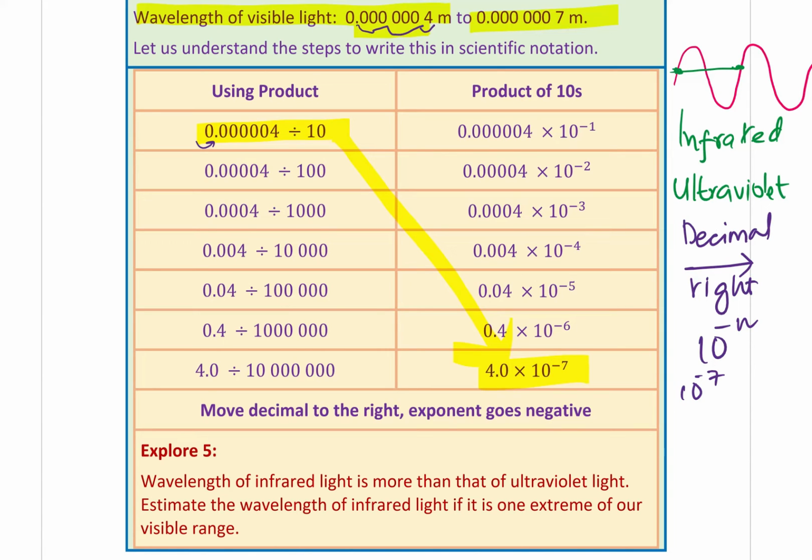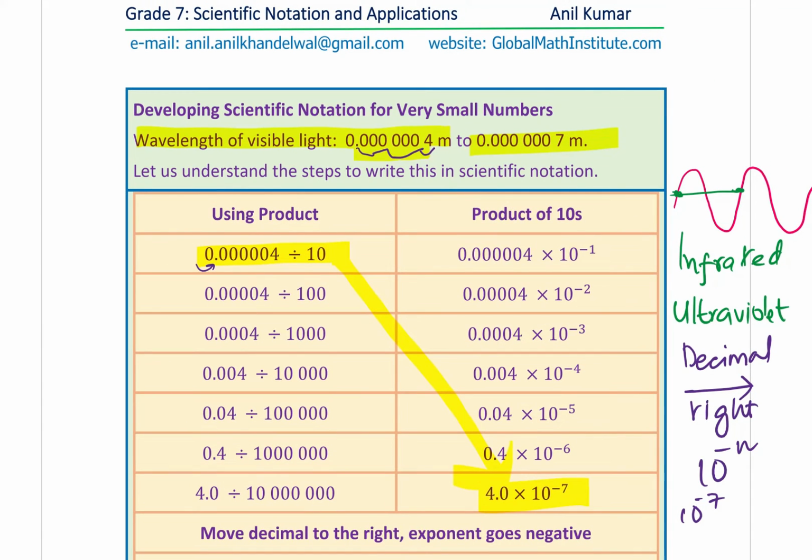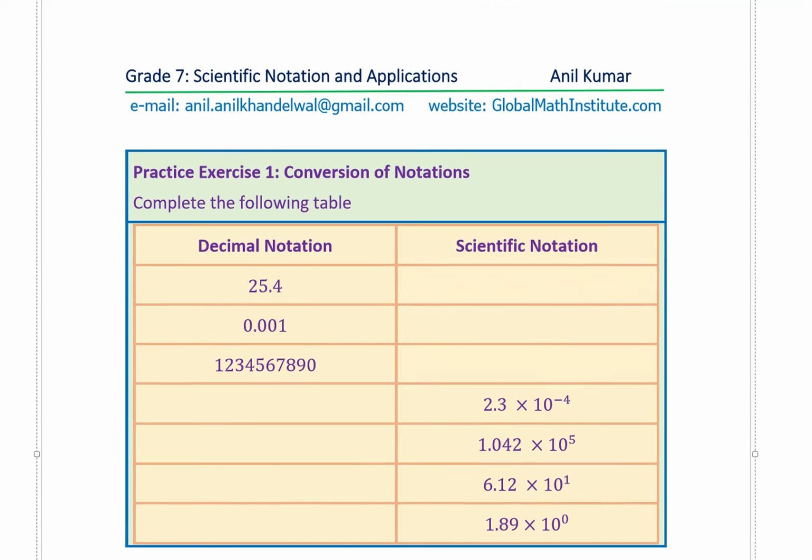So the wavelength of infrared is more. So we have to basically figure out which one is the bigger number, right? Which is greater? That is the question. So obviously this is greater and therefore that becomes the wavelength of infrared. Is that clear to you? Correct? So that is how we could answer a word problem based on this situation.